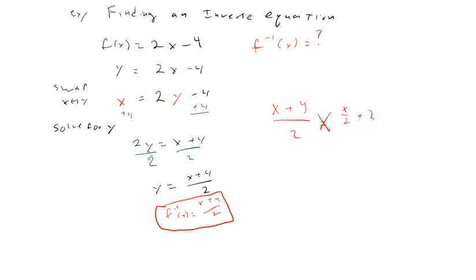If I plug a 6 in here, this would be 6 plus 4, that would be 10 over 2, that would be 5. If I plug a 6 in here, 6 over 2 is 3, 3 plus 2 is 5. Never mind. Bad example. I guess they can equal each other.